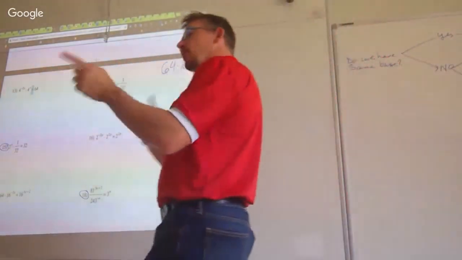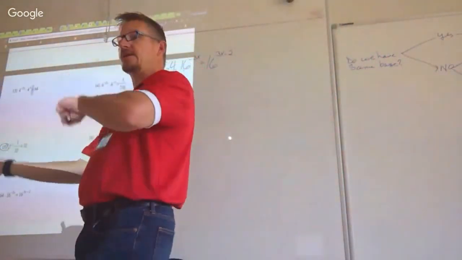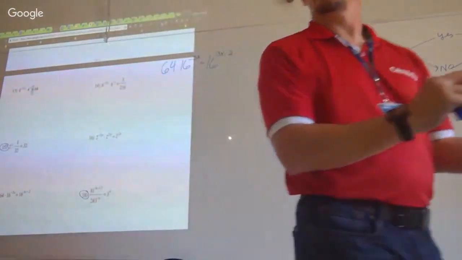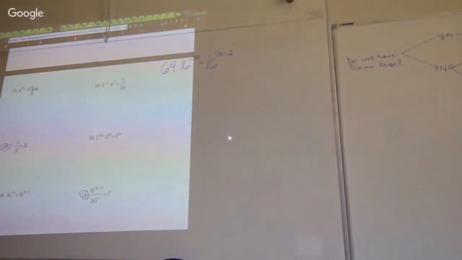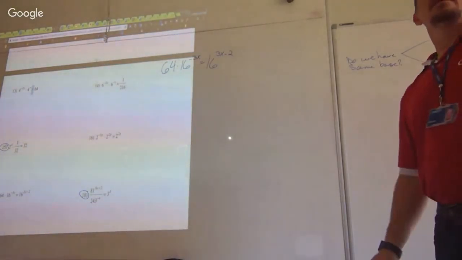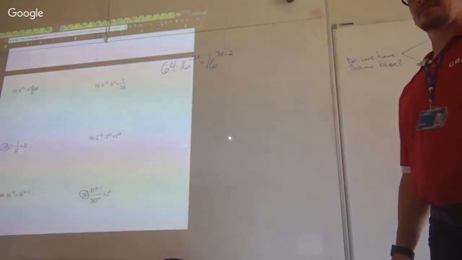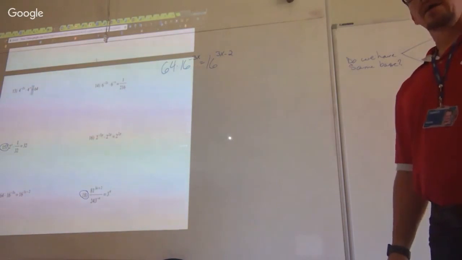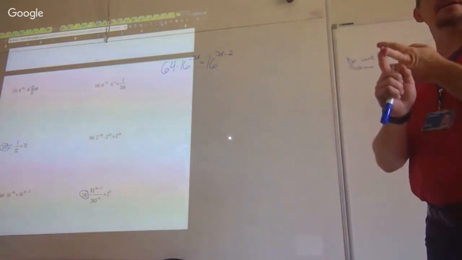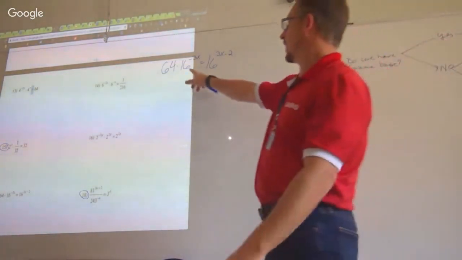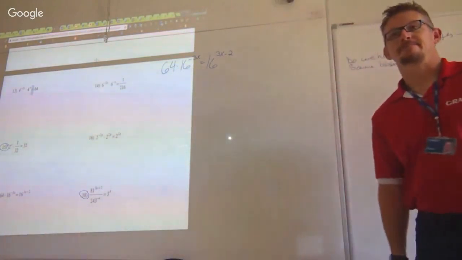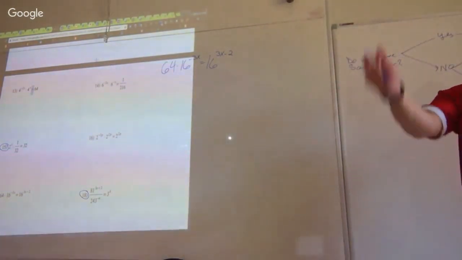So now the question becomes, can I get 64 into a base of 16? 16 times 16 gives me how much? 256. It's too big, it's already bigger than 64, so I can't do that. I can't do 8 because 8 times 8 is 64, so it's bigger than 16. We could do a base of 2.